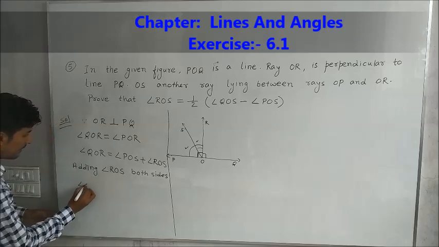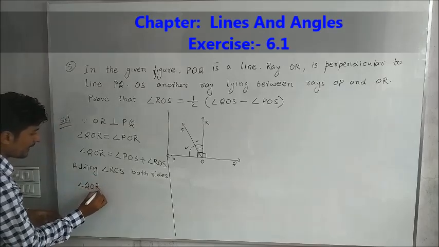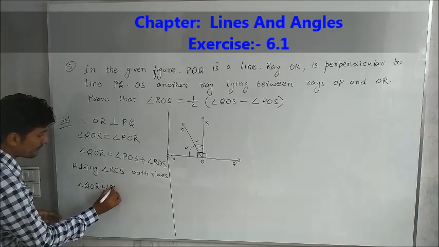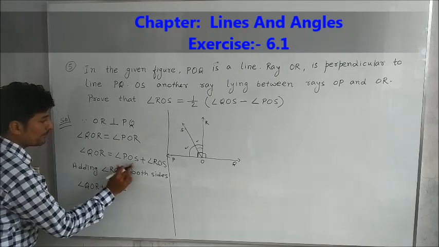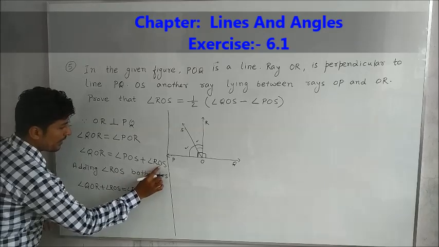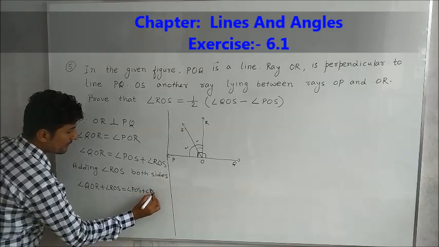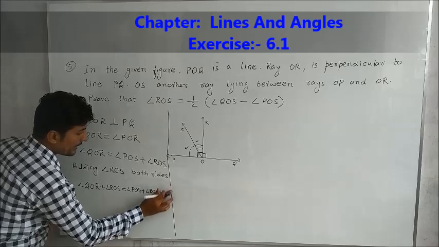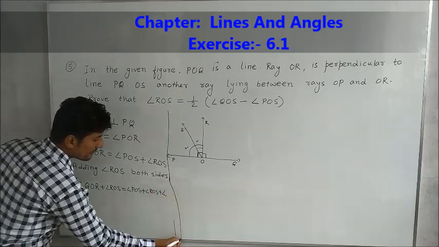So here angle QOR will be as it is, plus angle ROS, equals POS as it is, plus ROS as it is. This side also we are going to add angle ROS.